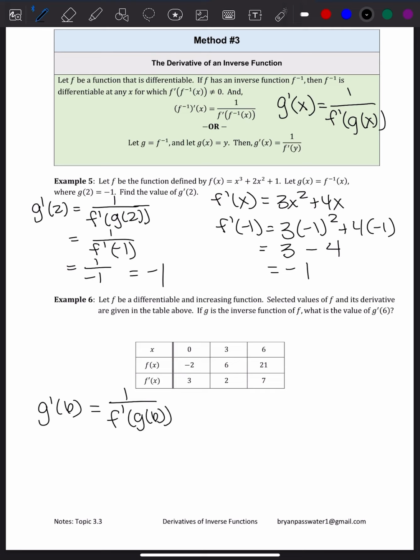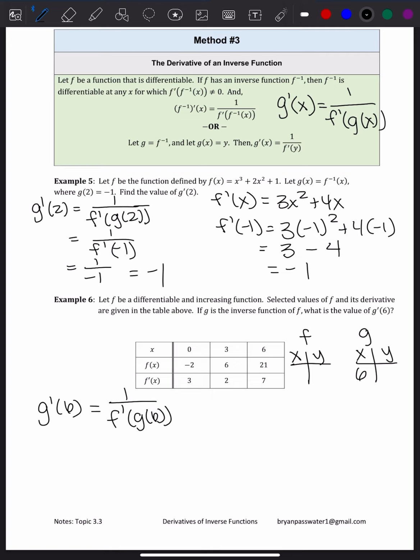So we are not given g of x as a table in here, but we do know that they are inverses of each other. So when we are thinking about this, we kind of need to think about what are the x values and y values. So one of the things that we know is the value we're looking for, g of 6, means we are looking for a function g with an x value of 6.